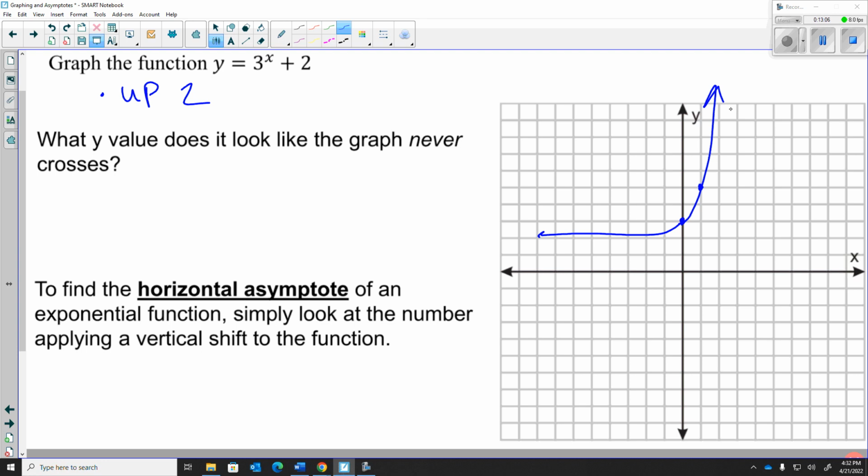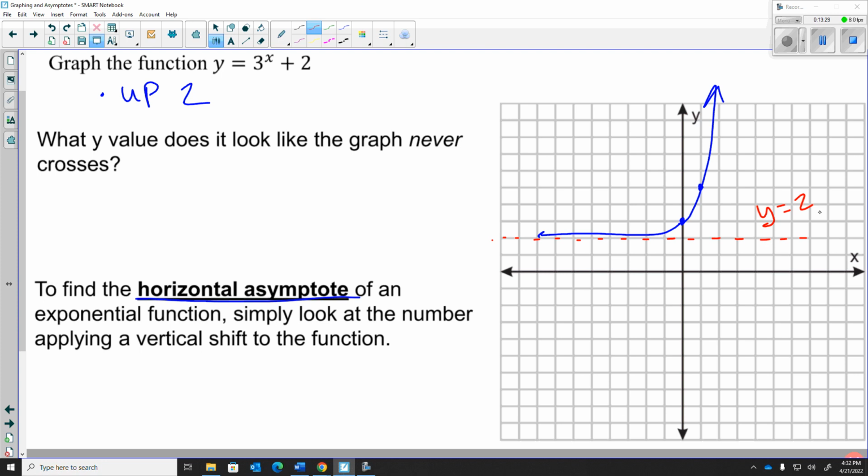Again, we can have asymptotes with an exponential graph as well, except now it's going to be horizontal, meaning the line it never crosses runs left to right. You can see that line is right here at y equals 2. That looks like the line this thing is never going to cross.